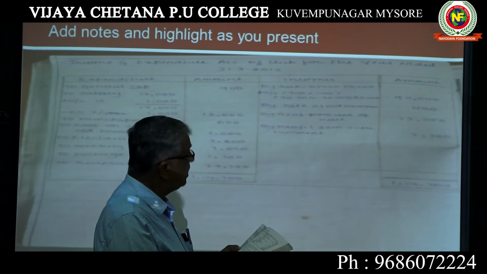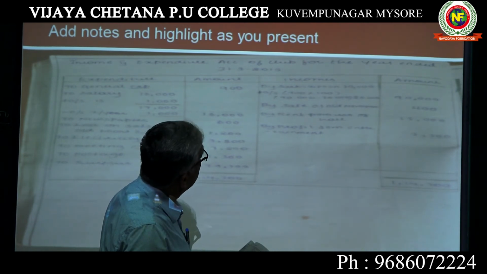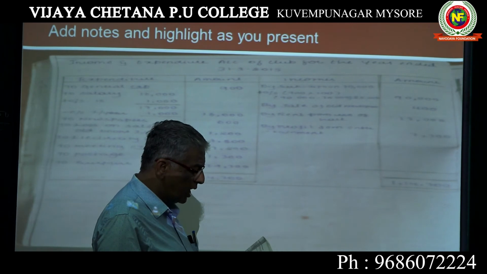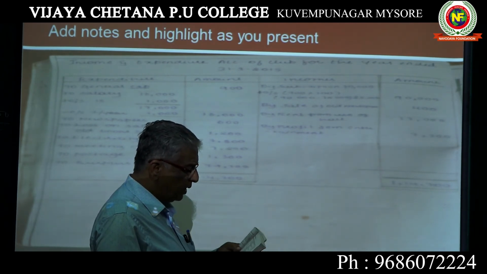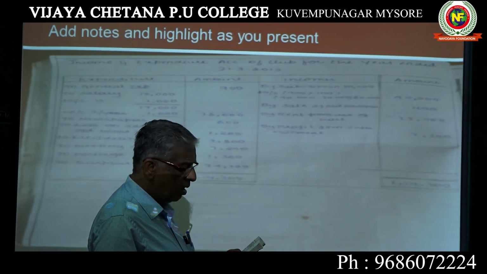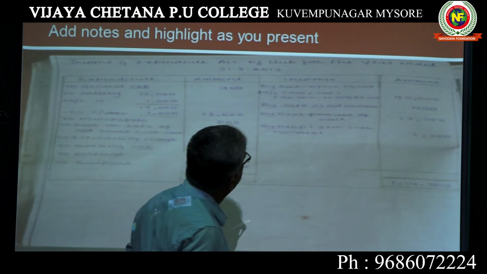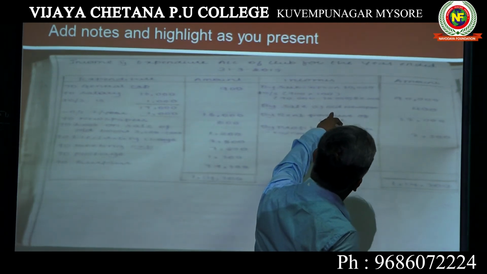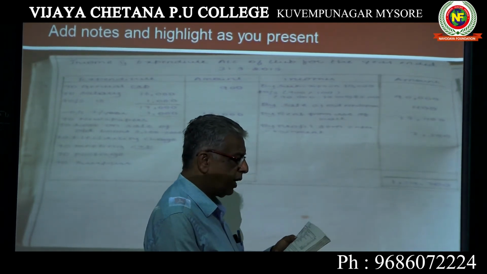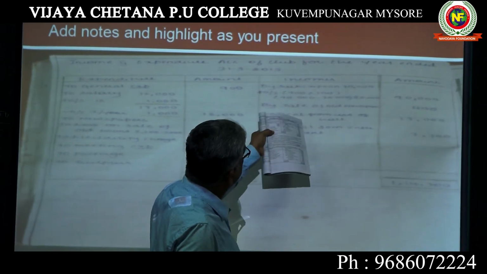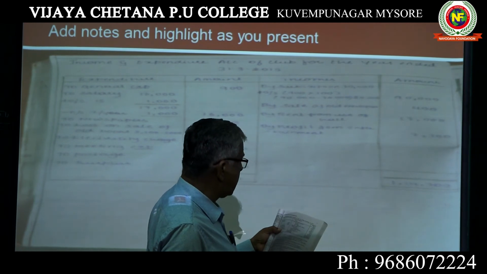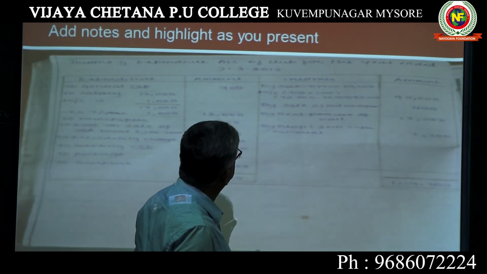And then the next one is sale of old furniture. Here, sale of newspapers is given as 400 rupees.